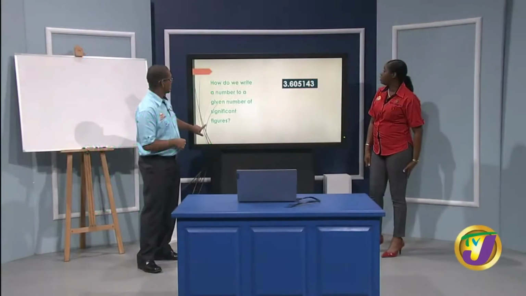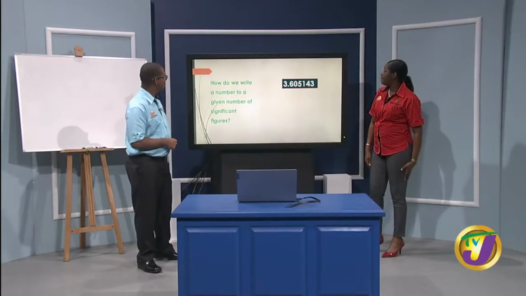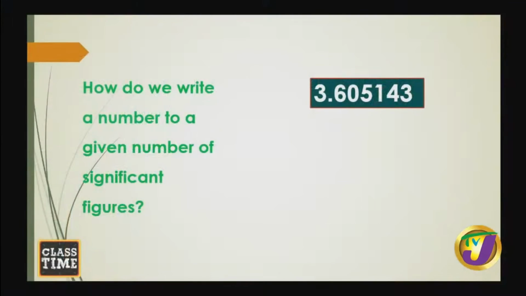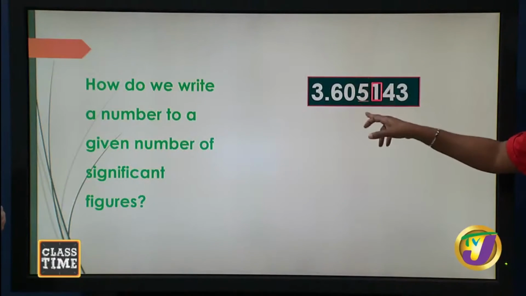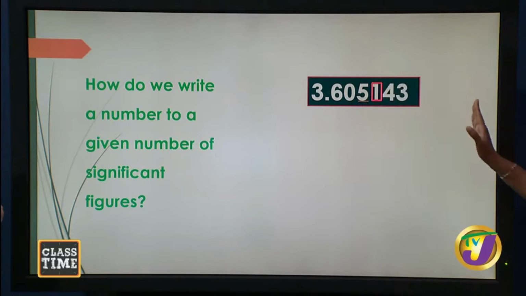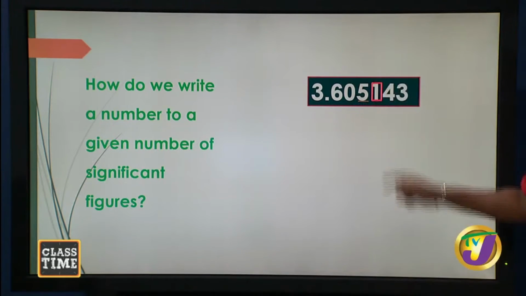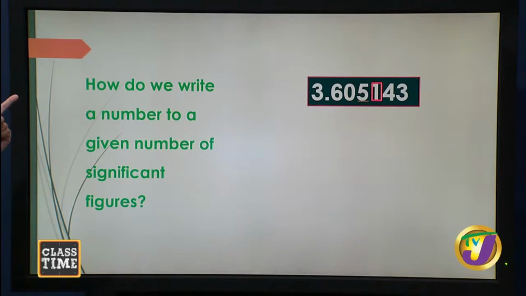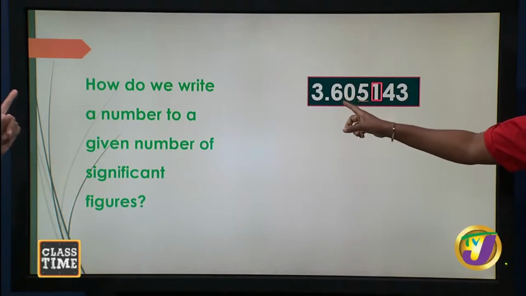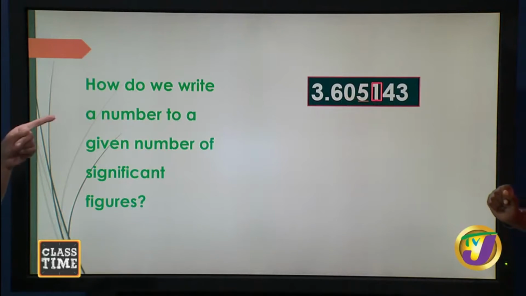Okay, let us look at this one, 3.6045, and let's write it to four significant figures. All right, so we would have 1, 2, 3, 4. So we know we don't need the last digits. Nikisha, that 0 is an issue. Do we consider that significant or not?